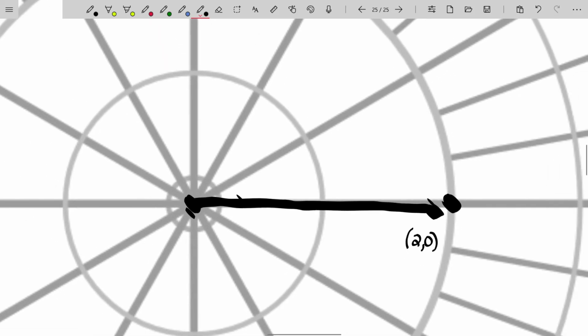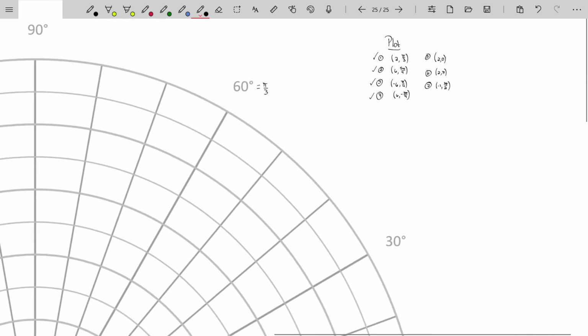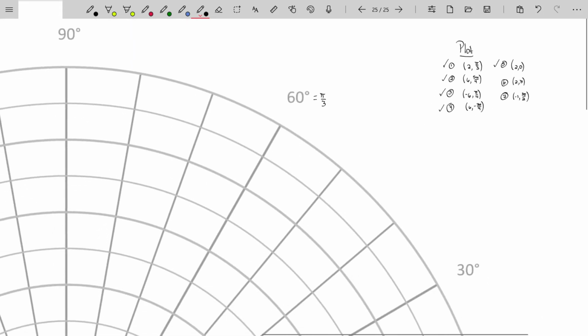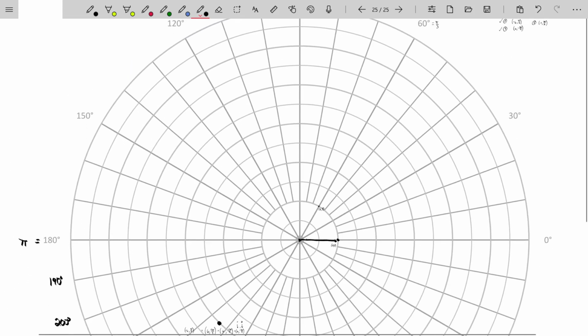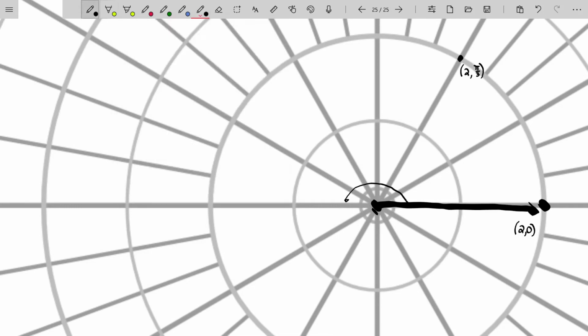All right, let's take a look at another point. We're almost done with these, and then I'm going to go to freehand drawing, which is much easier, I think. And then 2 comma pi is what we're going to graph. So we'll turn through an angle of pi. Pi being 180 degrees, so we just rotate through an angle of 180 degrees and step forward 2 units to this point right here.